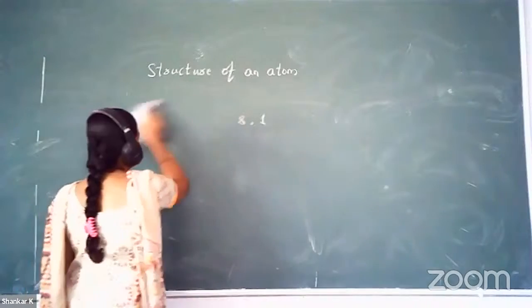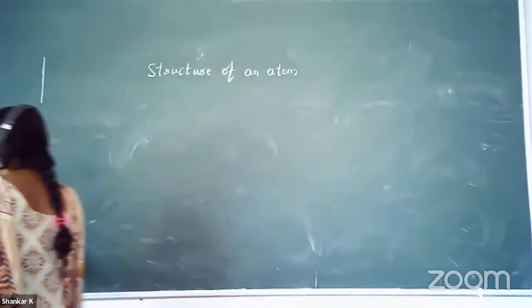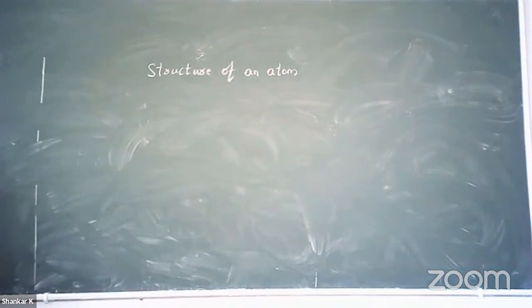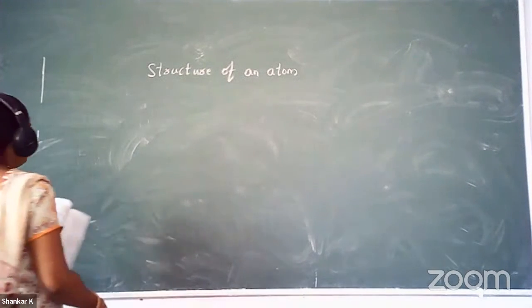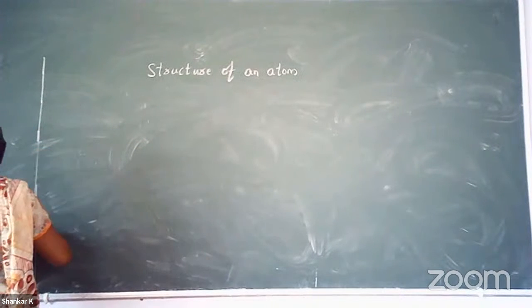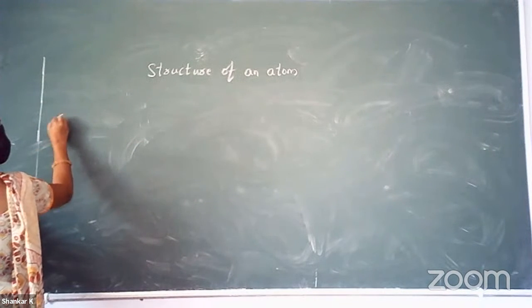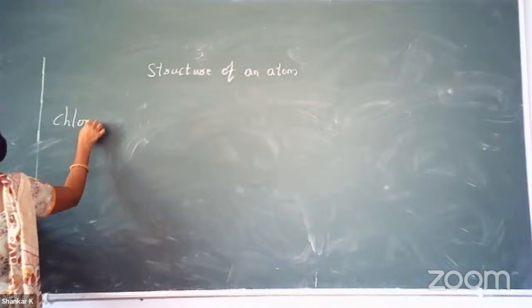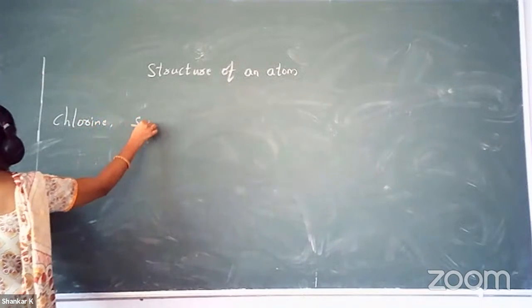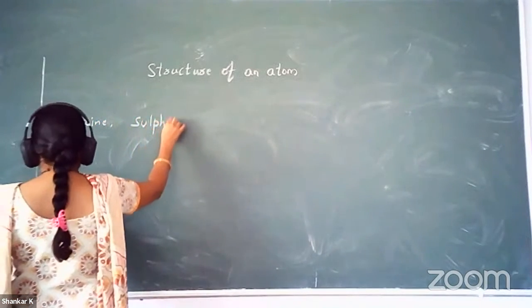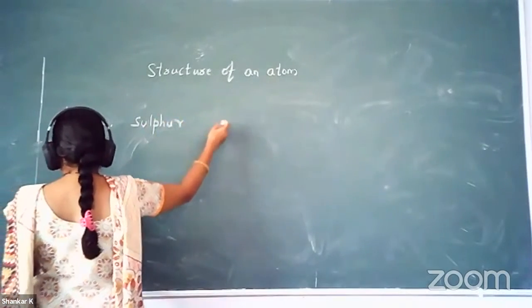Okay, I'll leave this question. Several questions are there, no? In that, one question I'll ask. How will you find the valency of chlorine, sulfur and magnesium?